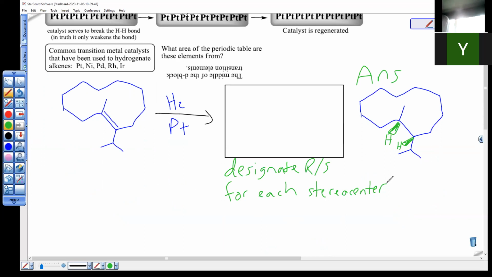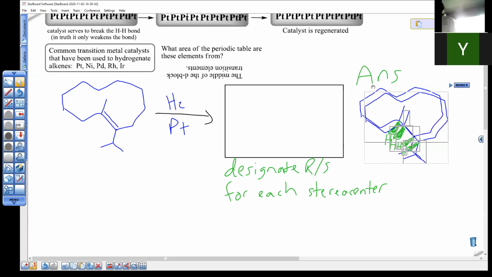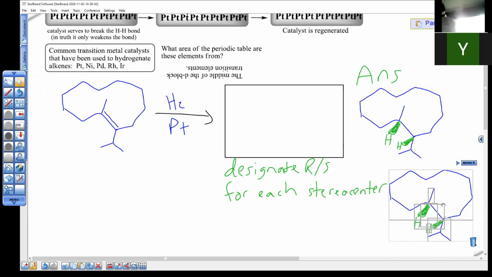The other product, instead of having wedge here, would have dash. There's no preference of top side or bottom side when you're coming into a flat alkene. We talked about that last week. So if you're going to do R and S, you better have wedge and dash. So doing R and S, we're going to do this.